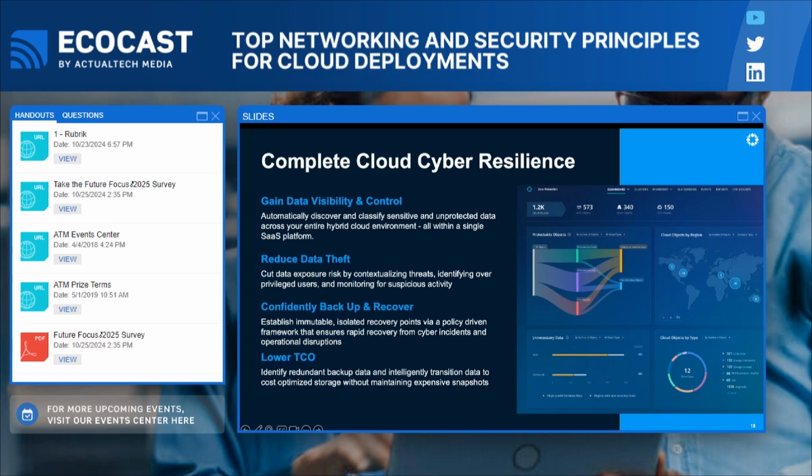We'll drive down the exposure, so we'll reduce the data theft potential in your environment. Then we'll allow you to confidently back up and restore all of the data across multi-cloud and SaaS, all done again with a lower TCO potentially in mind.